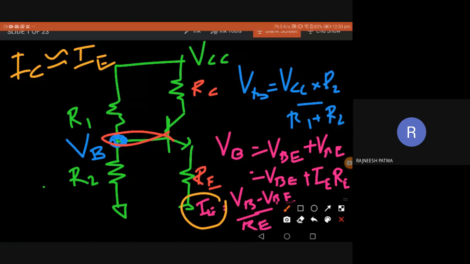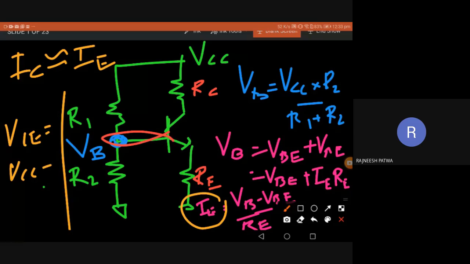Since IC is equal to IE, VCE equals VCC minus ICRC minus IERE. So we got VCE and IC without using beta.